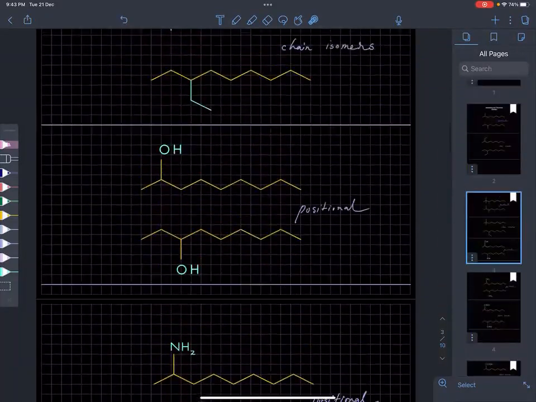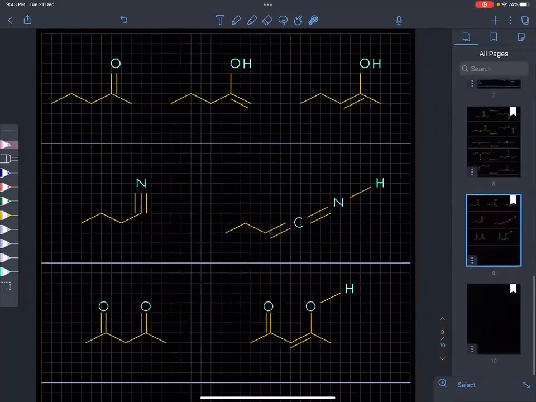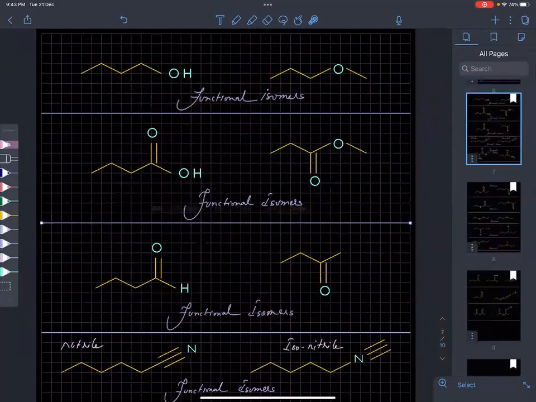See here again, this OH is attached to the chain. It is not sitting in between the chain. There is no different carbon here. This is a normal sp3 carbon only. Whereas if you see here, this is not an sp3 carbon.